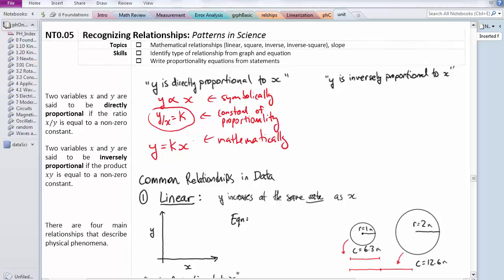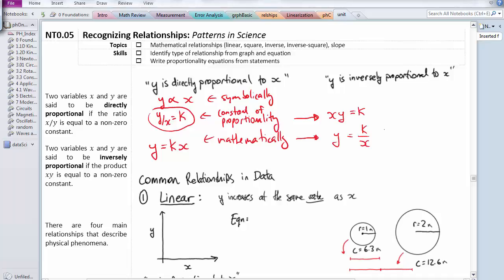Another type of proportionality that's super important is called inversely proportional to x. The definition for this is if some variable x times y is equal to a constant of proportionality, we say x and y are inversely proportional. What might make more sense is that y would be equal to k over x, right?